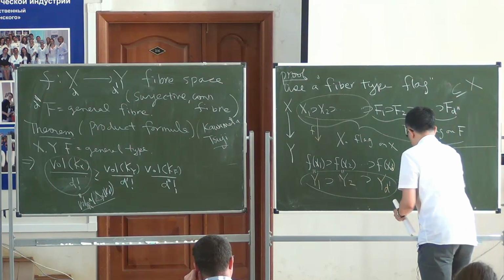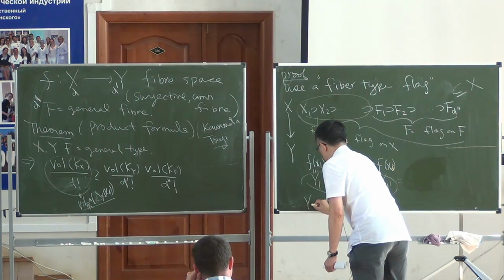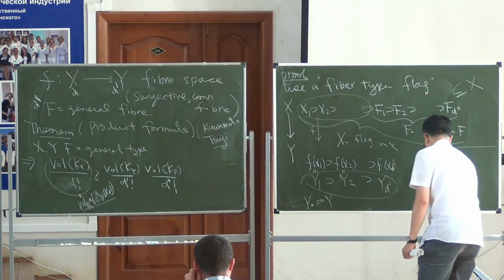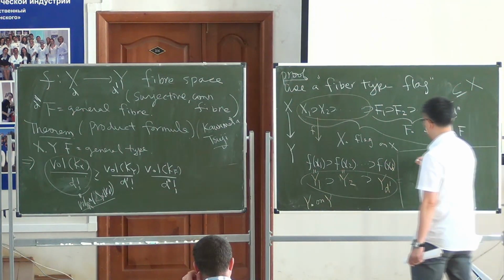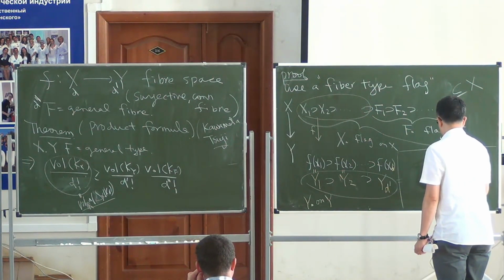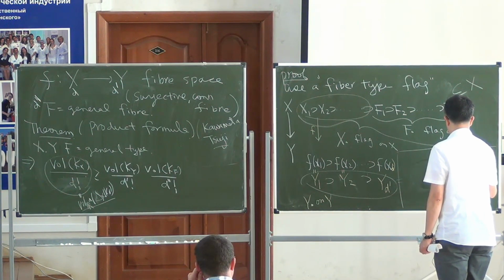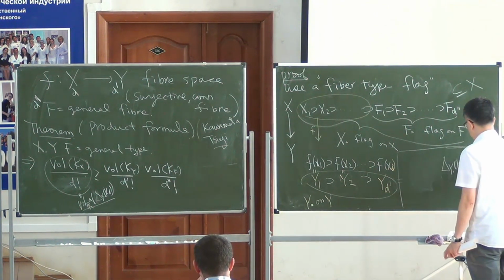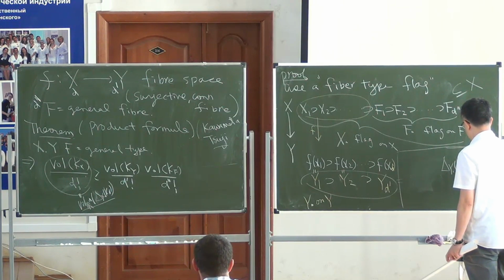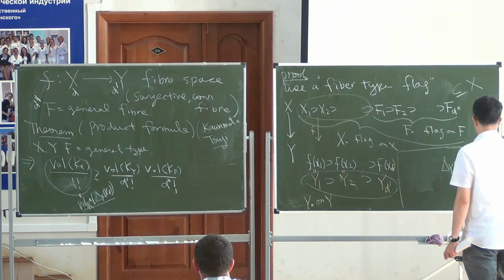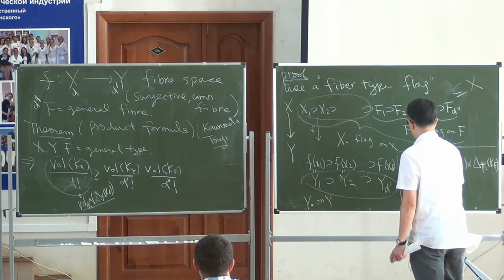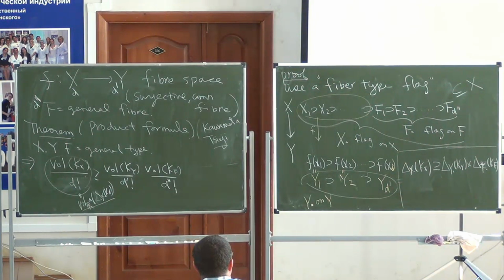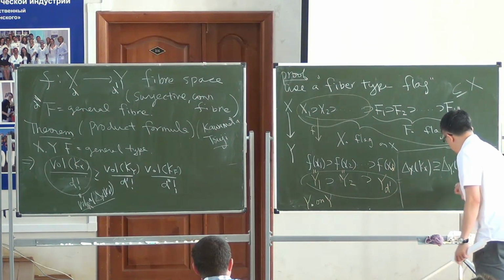Using the flag on Y, you get the Okounkov body of Y cross the Okounkov body of F becomes a subset of the Okounkov body of Kx.